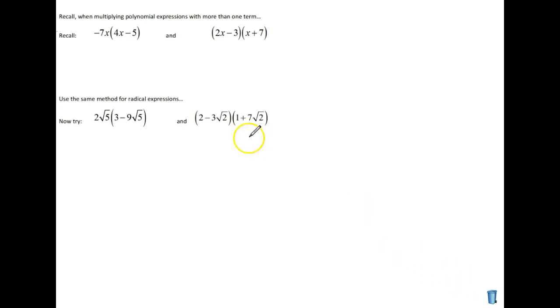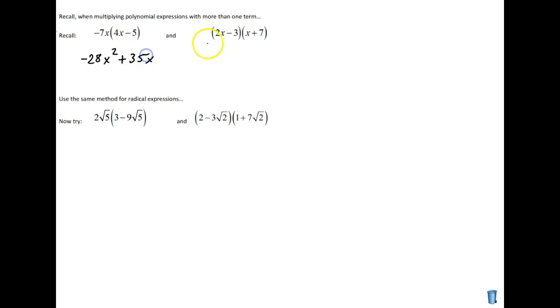So we're going to think about multiplying radicals, and we're going to do it the same way in which we multiplied polynomial expressions. So thinking back here, if I were to multiply this, I would get negative 28x squared, and I'm distributing here, and I would get a positive 35x.